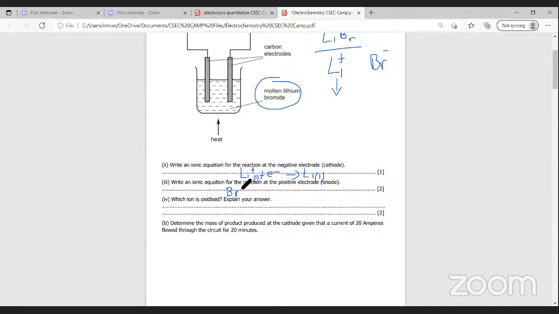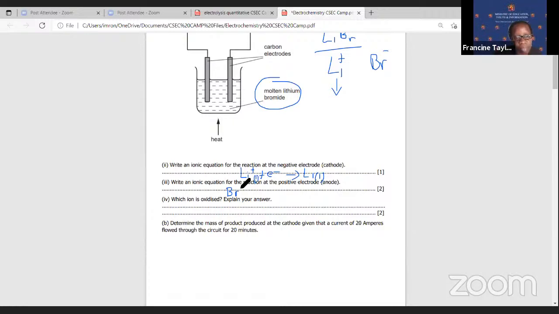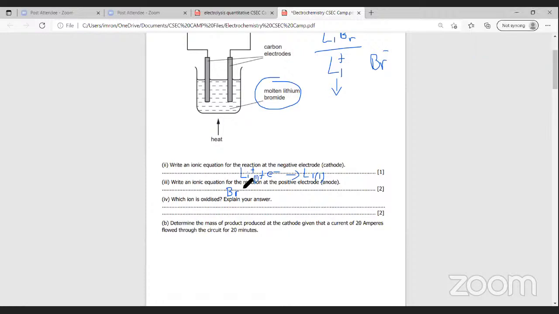The bromide is going to go towards the anode. What anions do is give up electrons. You can look at the charge and see how many electrons you're going to give up.